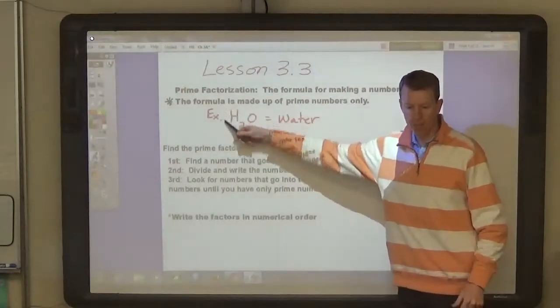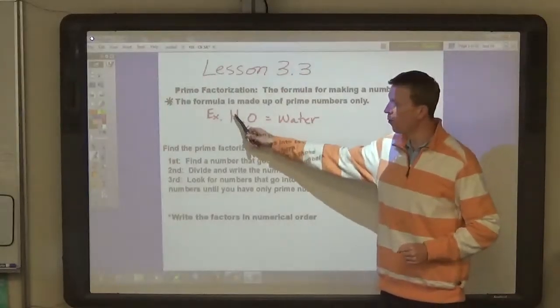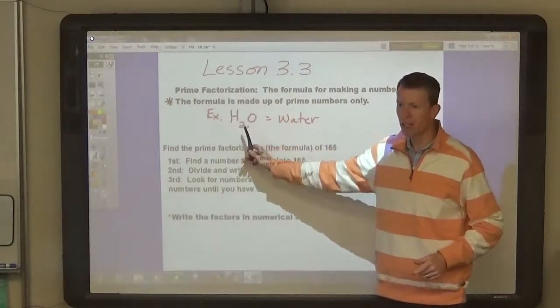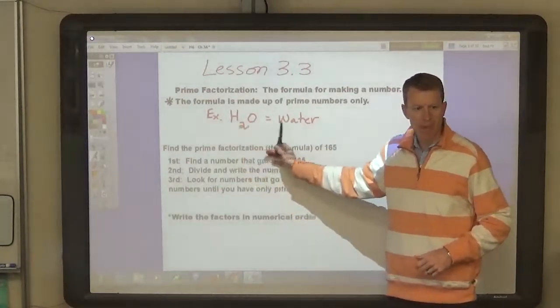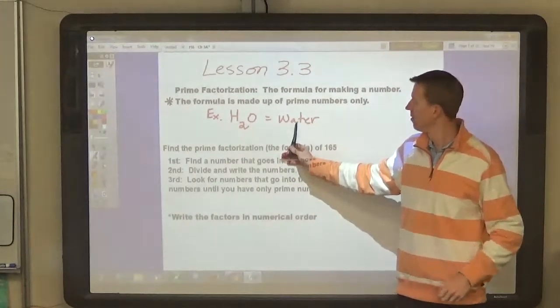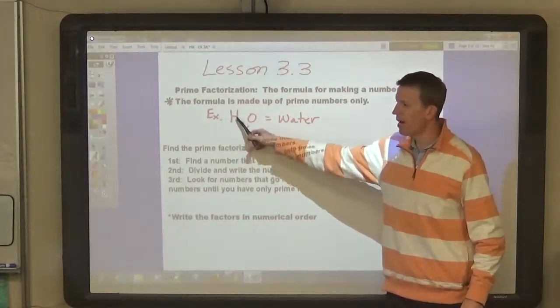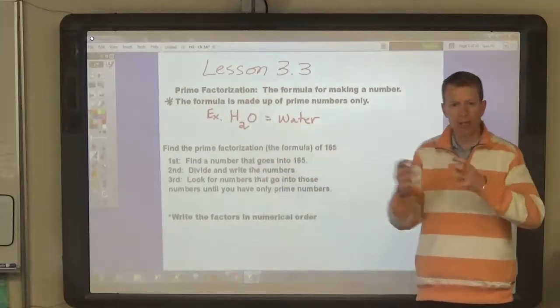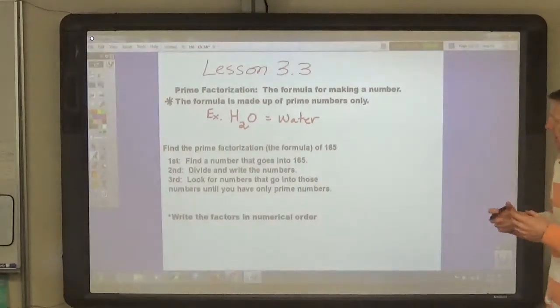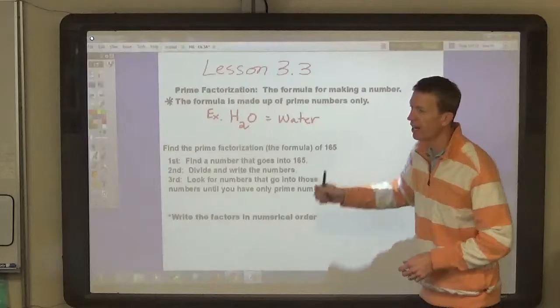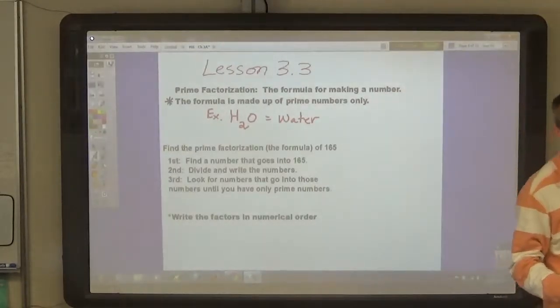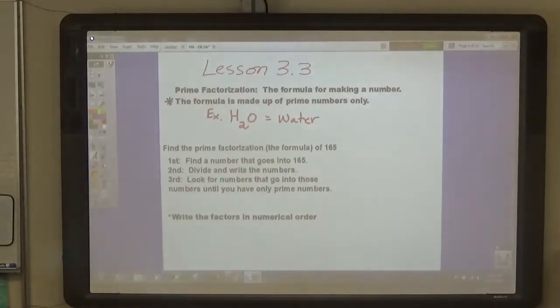And the formula for that is a chemical formula which tells you how many molecules to use that makes the compound. So 2 hydrogens and 1 oxygen, when you put them together, you make water. All right? In a similar way, you can make composite numbers using prime numbers.